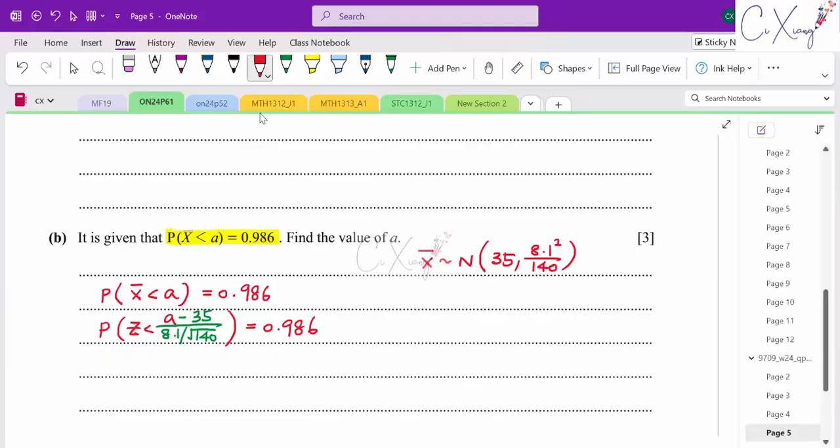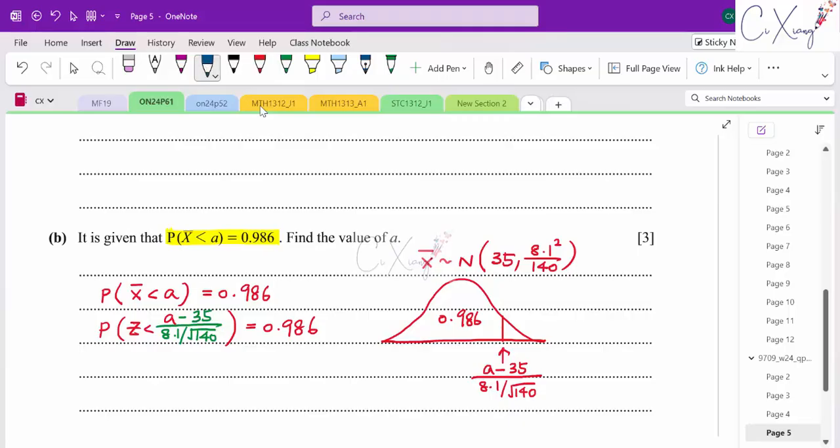To find this particular value, you can get it from the normal distribution table, looking for the Z. To visualize it more clearly, this whole value here, A minus 35 divided by the standard deviation, has an area of 0.986.